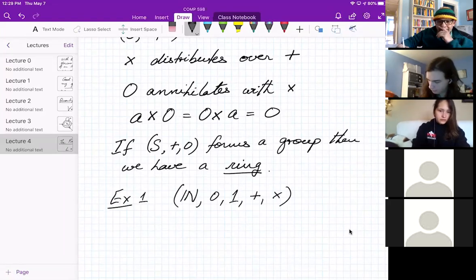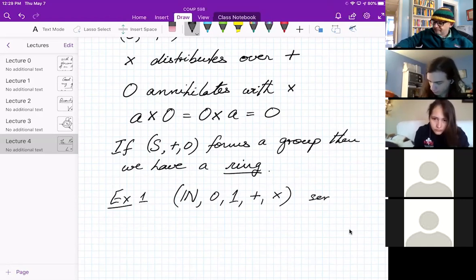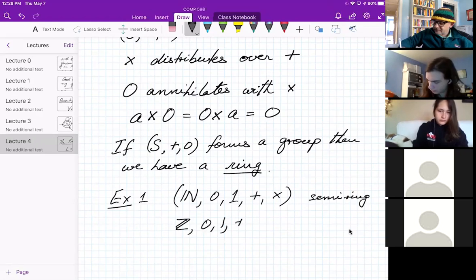This is a semi-ring, not a ring, because I don't have inverses for addition, because I don't have the negative integers. If I take the integers, then I get a bona fide ring.